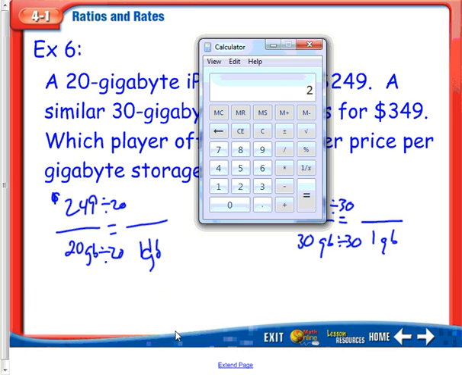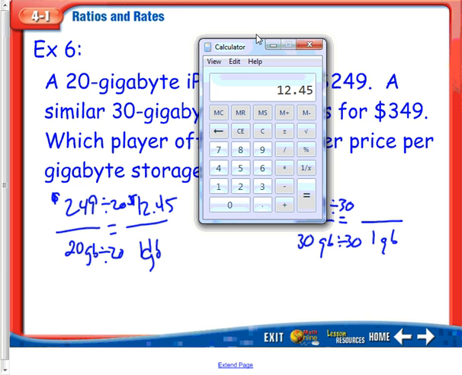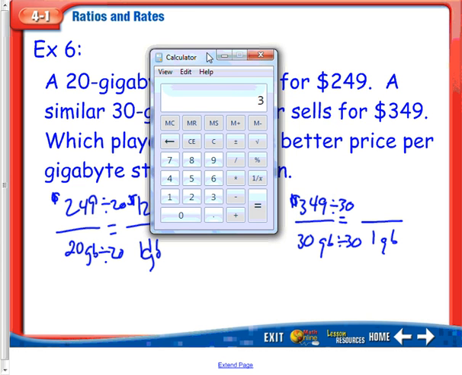We say 249 divided by 20 gives us about $12.45 per gigabyte. And then we go to the other one, and we have $349 divided by 30 gigabytes, and we're looking at about $11.63.